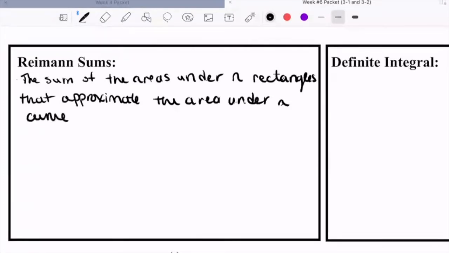And we always want to give the area that we're looking at bounds. So we'll say a curve on A to B.